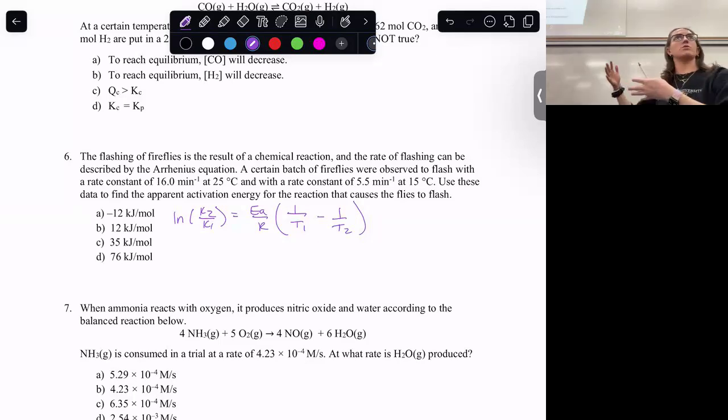It does not matter which one you correlate 1 to 2, as long as they match. As long as if this is K1 and this is T1, that's all that matters, as long as they are coordinated together. And then this would be K2 and this would be T2.